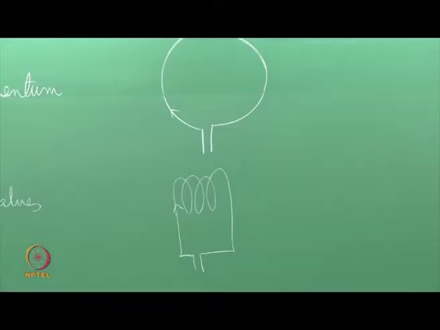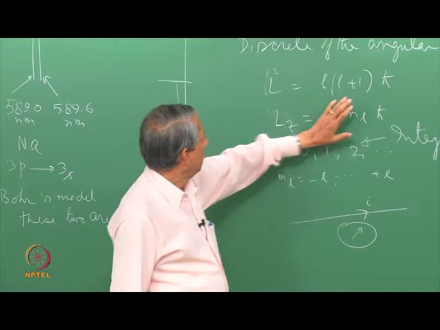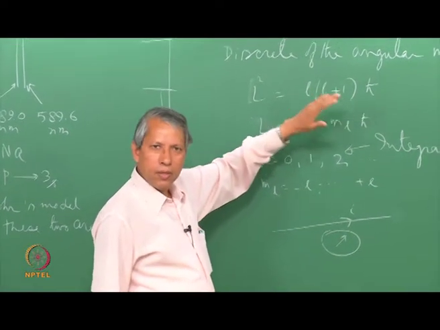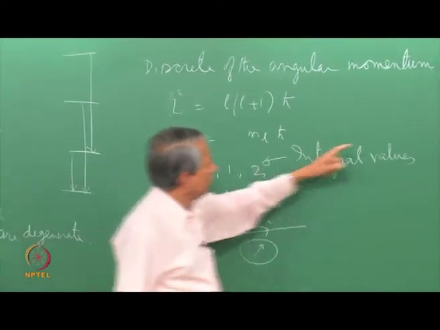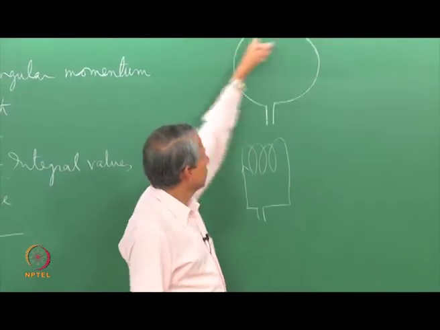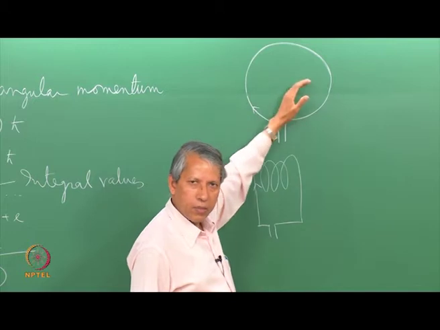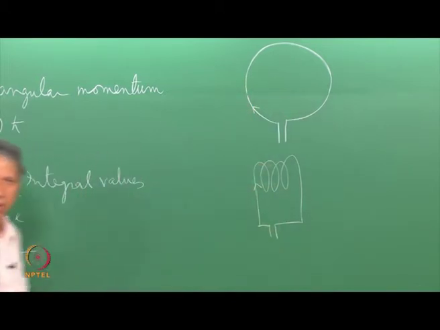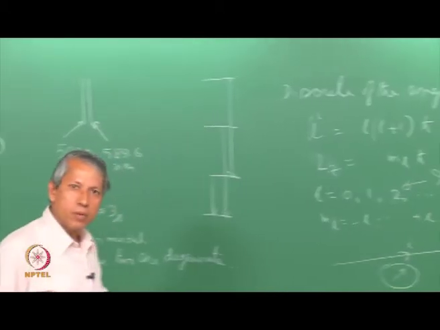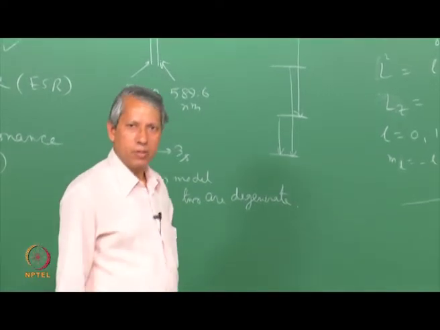So, in that sense, the orbital motion of the electron can have a magnetic moment because of this sort of motion in the atom, and that magnetic moment can be influenced by the magnetic field, which is the Zeeman effect.